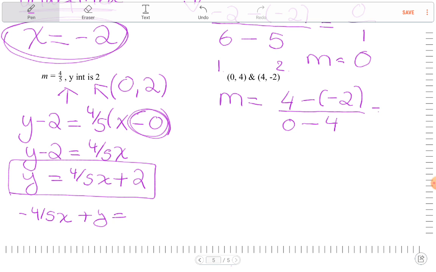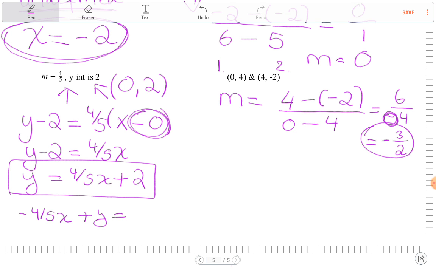My slope in this case is 4 minus negative 2, which is positive 6, and 0 minus 4 is negative 4. So in this case, I don't like negatives in the denominator. I just put it up front, and then 6 and 4 are both divisible by 2, so my slope actually is negative 3/2.